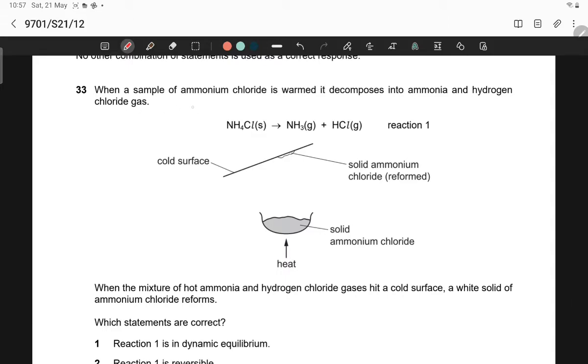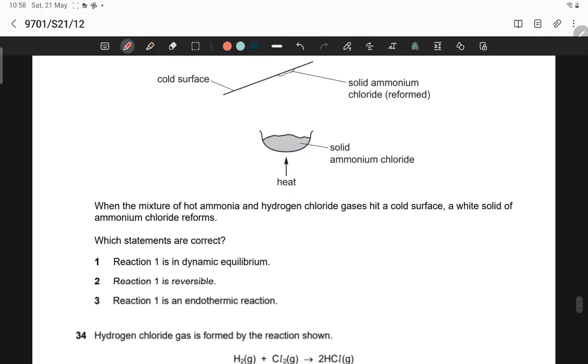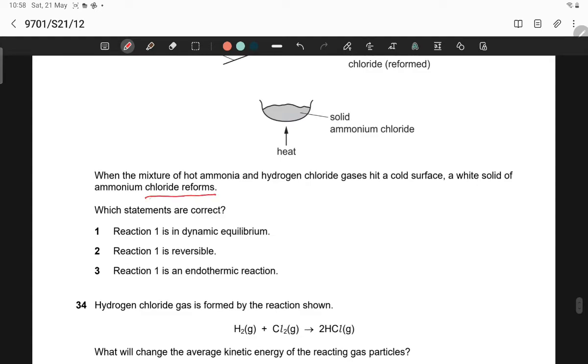When a sample of ammonium chloride is heated, it decomposes into ammonia and hydrogen chloride gas. This is a decomposition process, giving NH3 and HCl. When the mixture of hot ammonia and hydrogen chloride gases hits a cold surface, a white solid of ammonium chloride reforms. Yes, it reverses back to ammonium chloride. Which statements are correct?